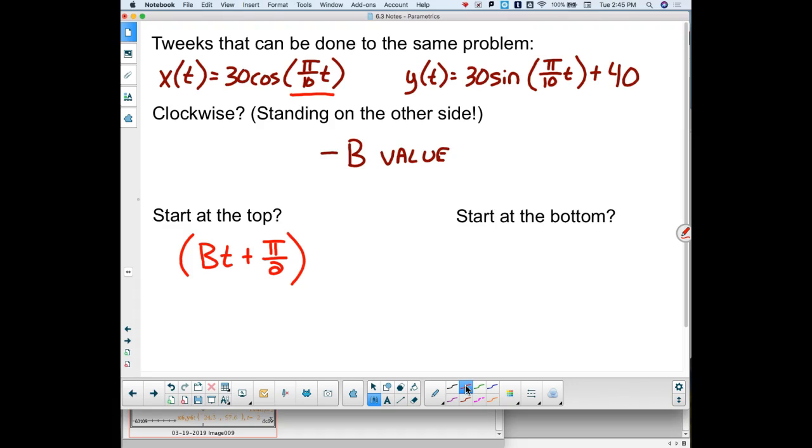If I'm starting at the top. If I start at the bottom, okay, what if I don't like that big of a fraction? I could subtract pi over 2.